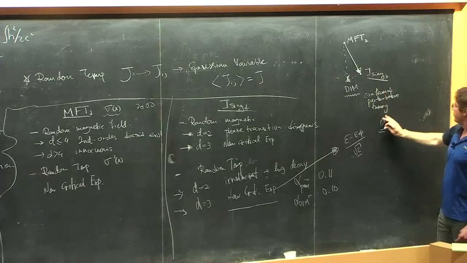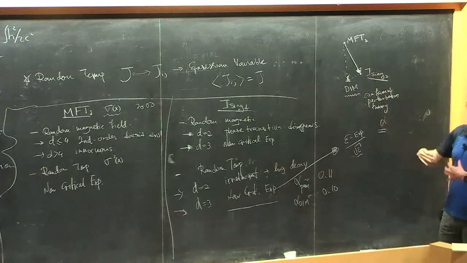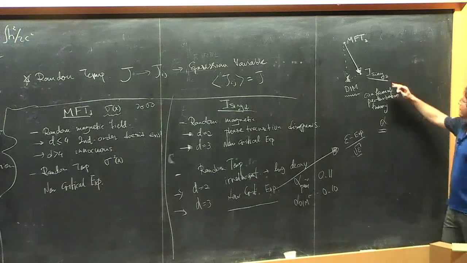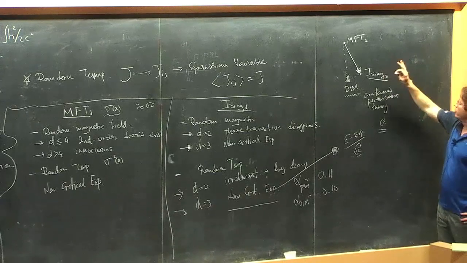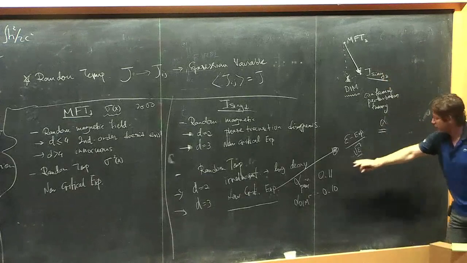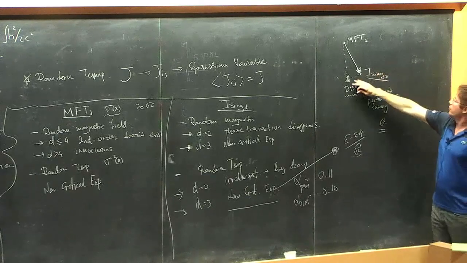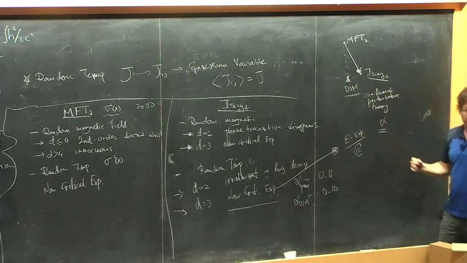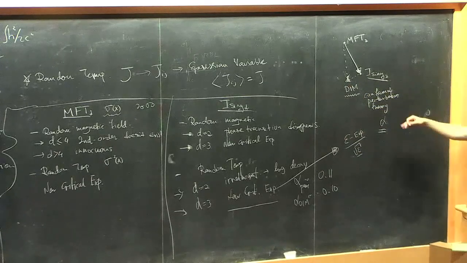So if some pure system has a small alpha, this is a claim about some perturbative expansion, and I claim that it's a rigorous claim. If alpha is very small and positive in some pure fixed point, then the disordered fixed point of that type would be arbitrarily close, and you could expand in alpha.